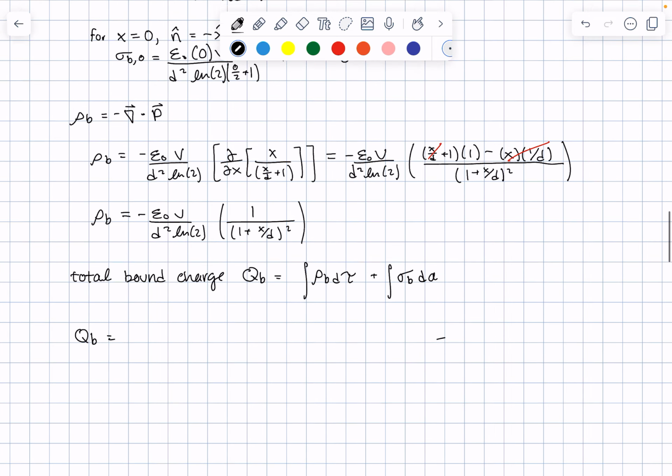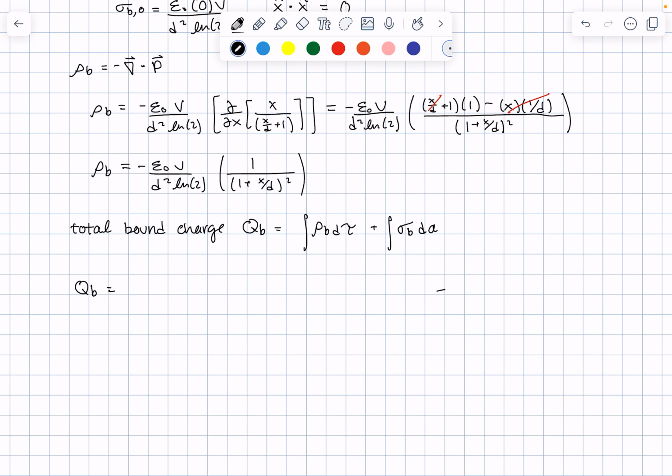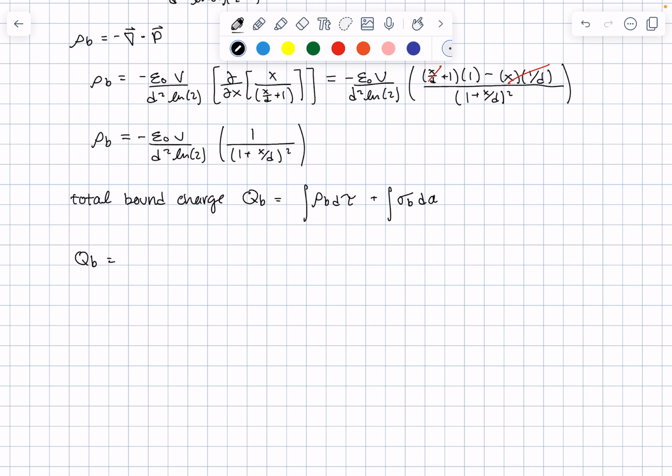Our total bound charge will be given by the volume integral of our volume charge density plus the area integral of our surface charge density, as you can see here. So that can be written out.